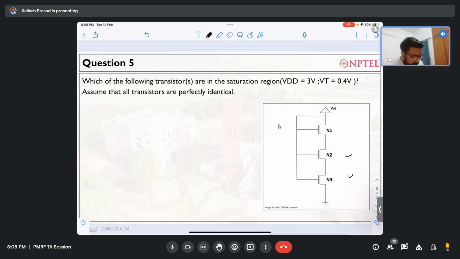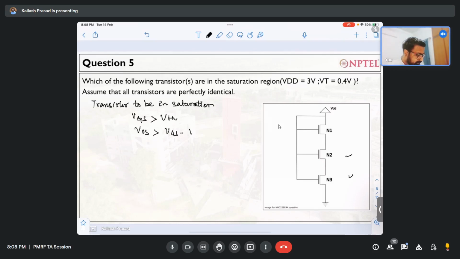See, for a transistor to be in saturation, what you want is VGS should be greater than VTH and VDS should be greater than VGS minus VTH.